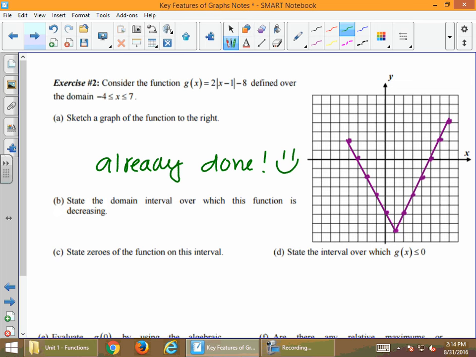We said increasing was going from low to high, so decreasing would be going from high to low. We read our graphs from left to right. And it's really convenient because we start at a high point right here and we go to a low point.